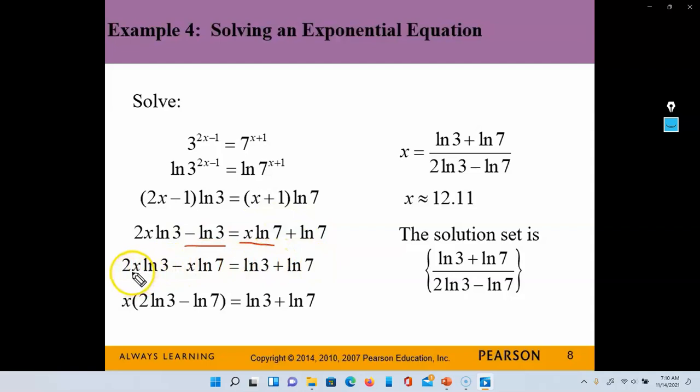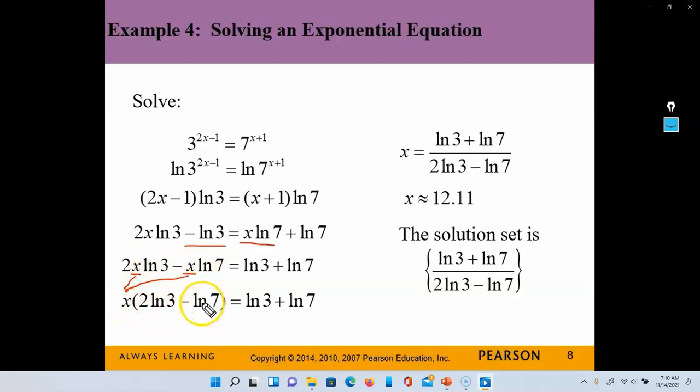So now we have a term here with an x value, a term here with an x value. We're going to factor that x out of this, and we end up with this.